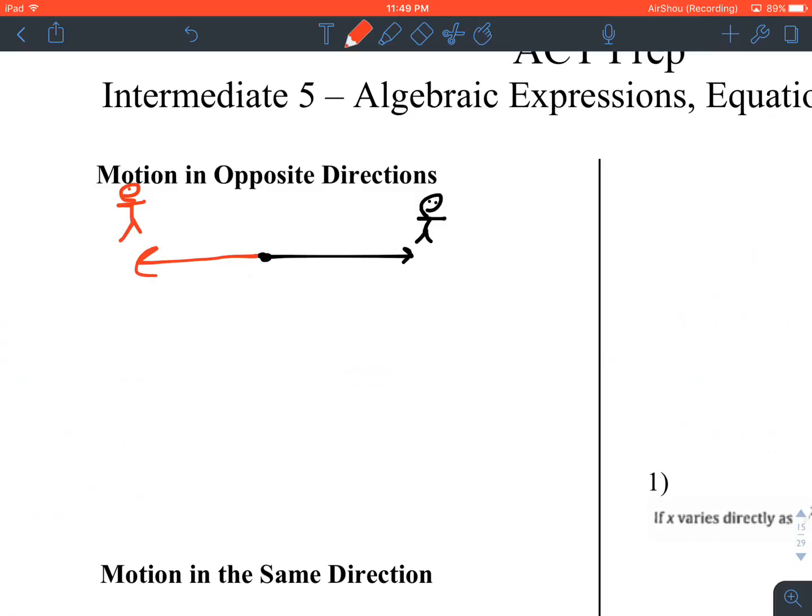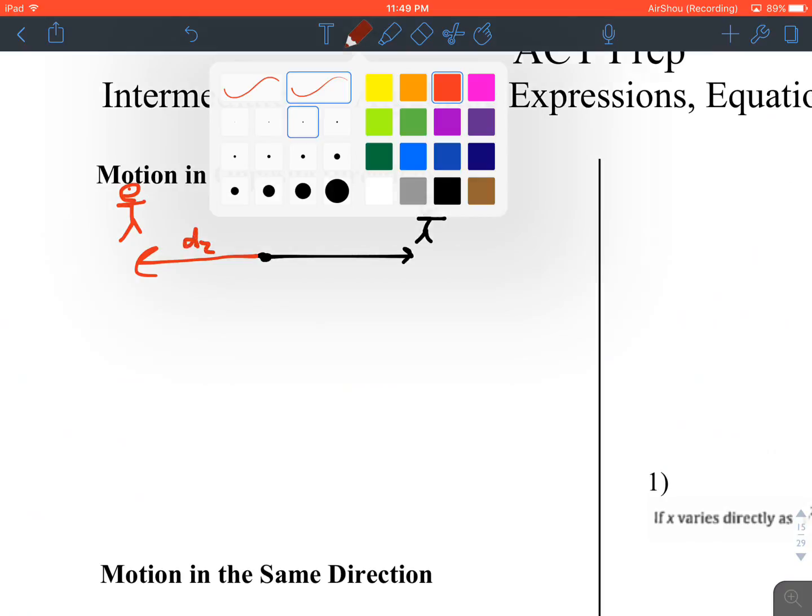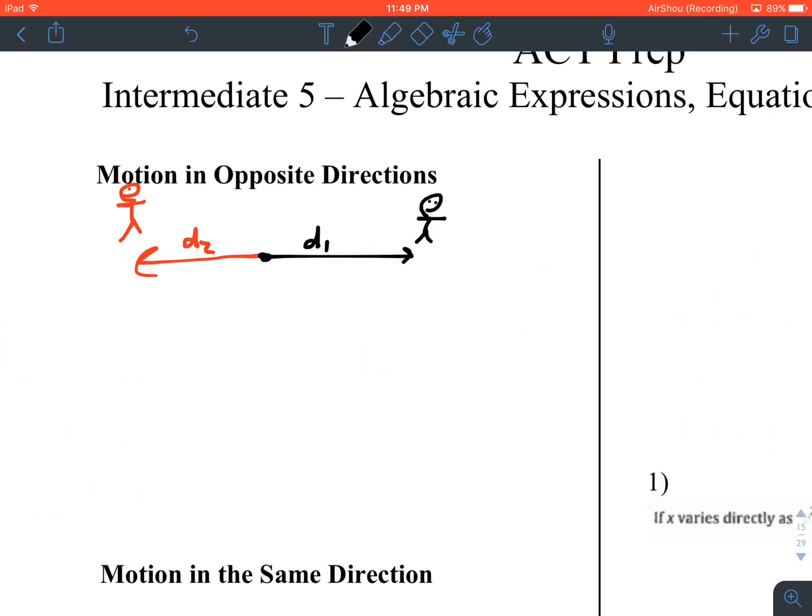In that case, let's call this distance 2. Let's call this distance 1. In that case, the total distance is going to equal distance 1 plus distance 2. Makes sense, I think.